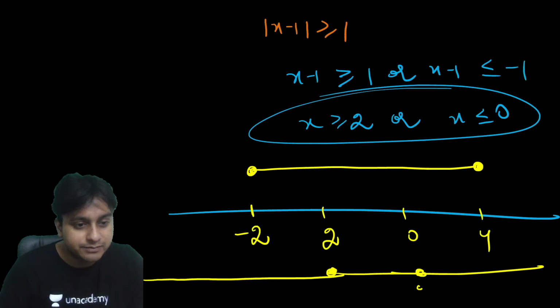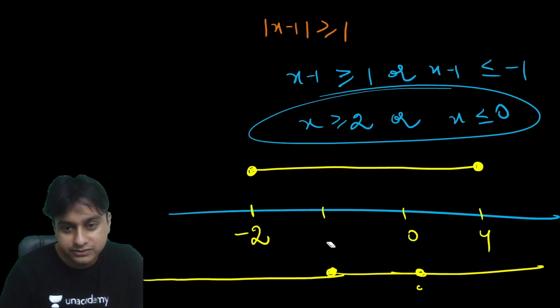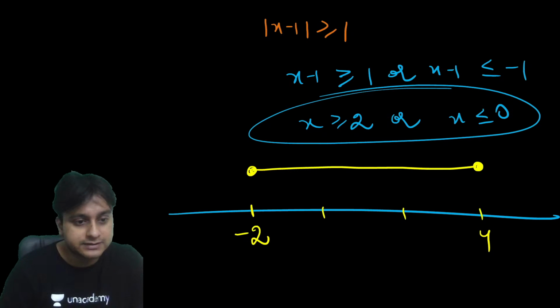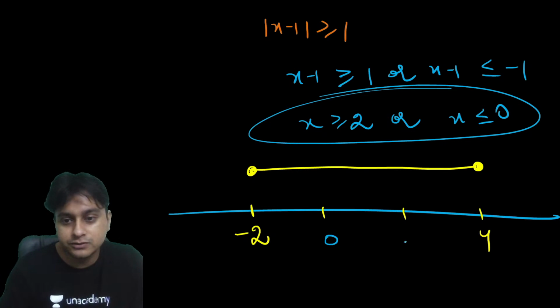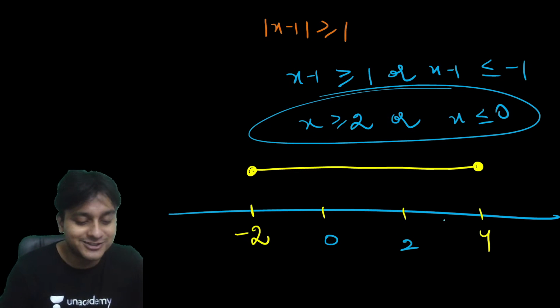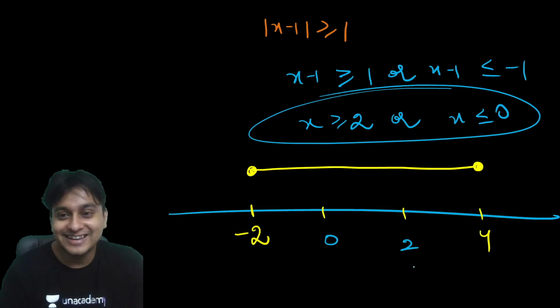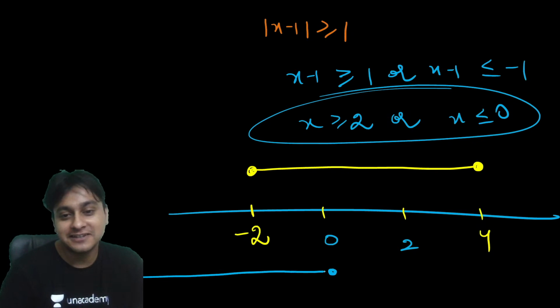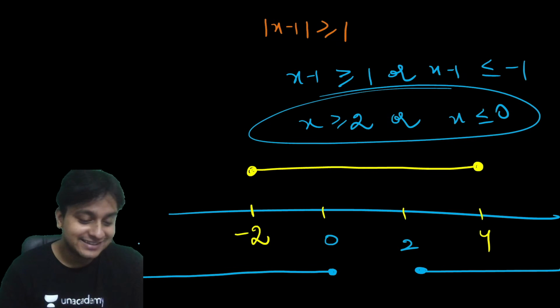Okay, one second. I just made a mistake in nomenclature. So here, this is 0. This is 2. Sorry. Okay. So this is giving us this region, and this is greater than. Now it's correct. Sorry.